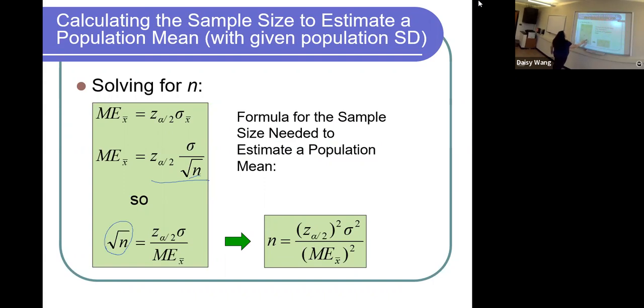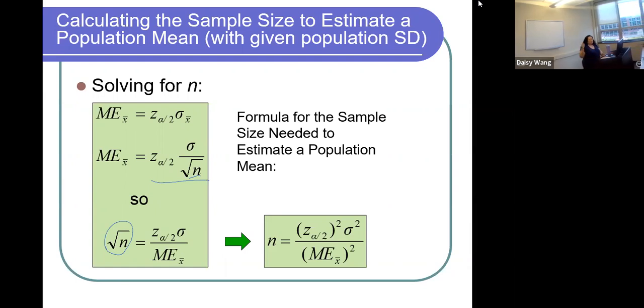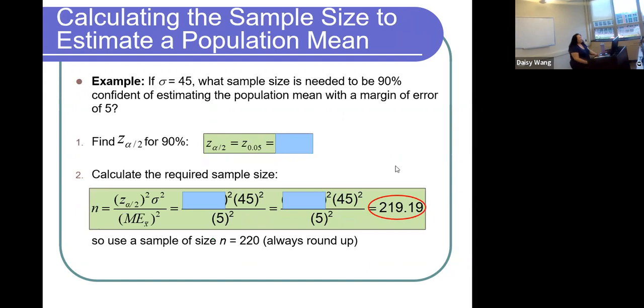So it'll be d times sigma divided by the margin of error. So the sample size should be d squared times sigma squared divided by margin of error squared.